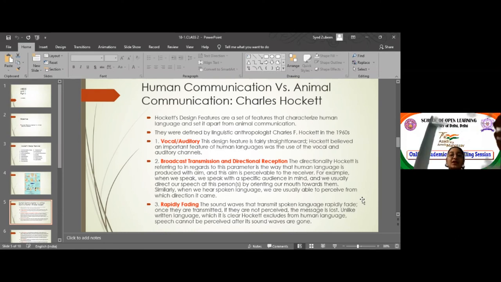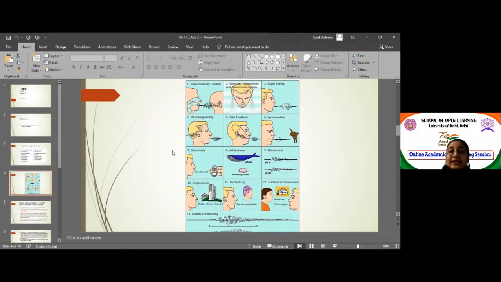We use our sound box, the way we are using our vocal and auditory channels to produce sound, to produce a kind of vibrations that give birth to these words that we are forming. All right, that is distinguishable. That's the first feature.